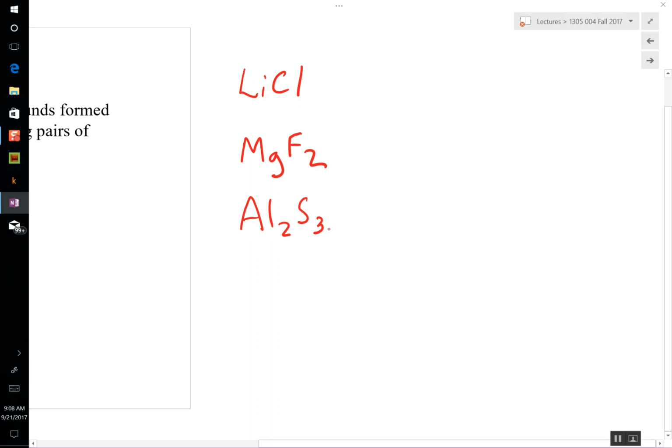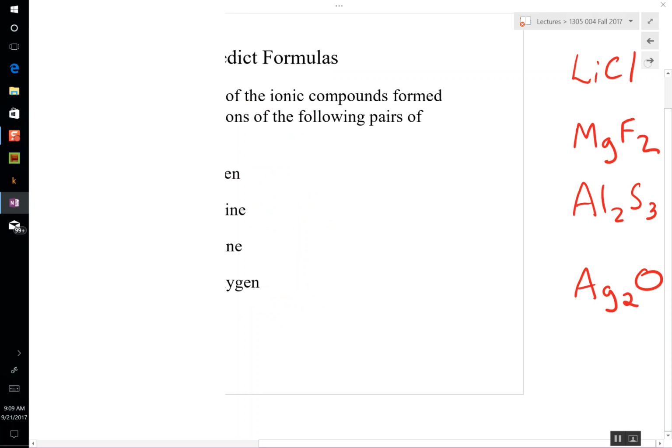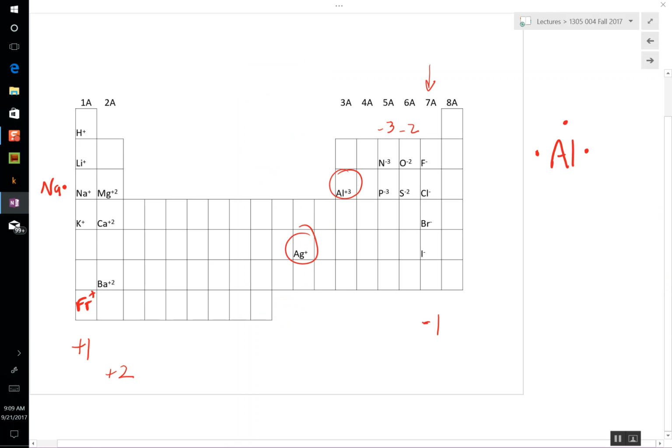All right, notice that aluminum oxide was Al2O3. Sulfur is a -2 ion, it's Al2S3. Has the same pattern there. And then what's number 5? Silver oxide. So what is that? Ag2O. Good. All right.